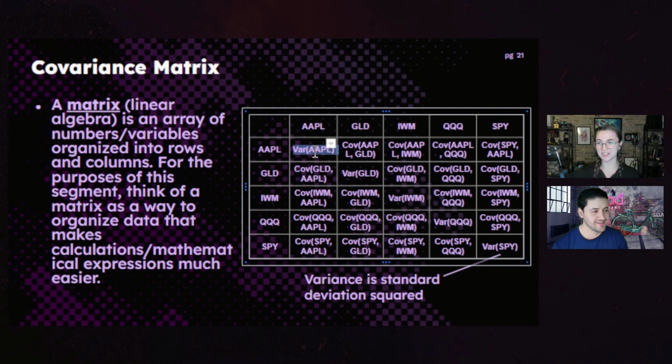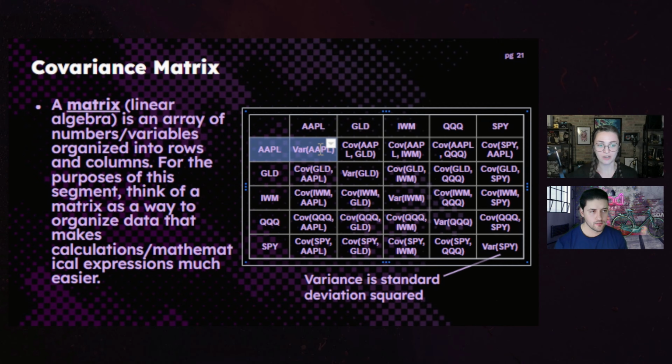When we talk about a covariance matrix, it's a lot of big words, but effectively what we're trying to construct here is a table that quantifies the risk factors associated between pairs of elements in our portfolio, where we have Apple, gold, IWM, QQQ, SPY. This table is just going to have those covariance values between the different pairs.